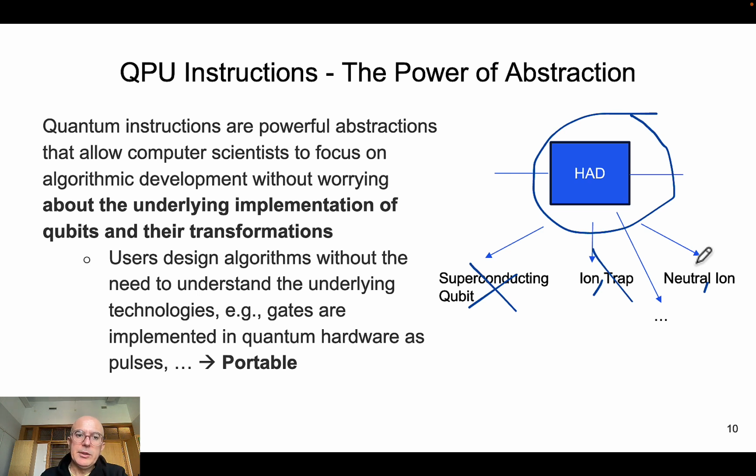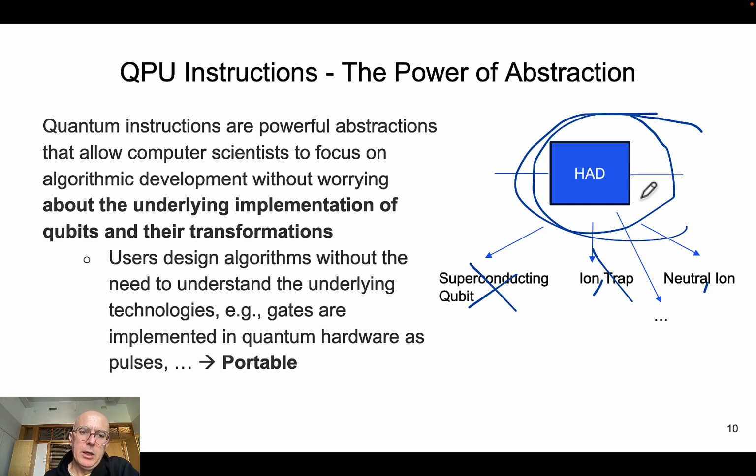So this is a very, very powerful tool. As computer scientists, we just focus on the Hadamard gate. We are going to use this abstraction to express our algorithm, and this allows us not to focus on how the Hadamard gate is implemented at the lower level.